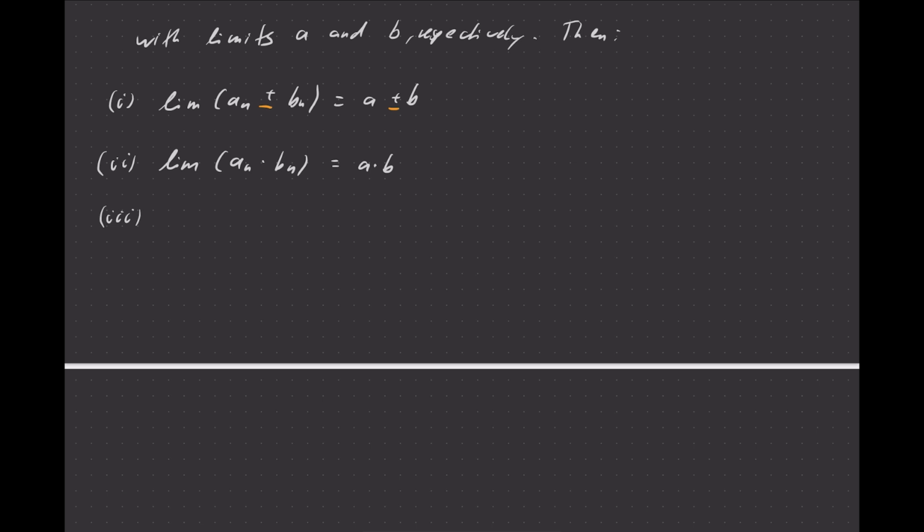Of course, I can also divide them, but I have to make sure that the denominator is not zero. So if b_n is not zero for all n in N0, then I can define a sequence a_n divided by b_n, and that is convergent and has a limit of a over b.